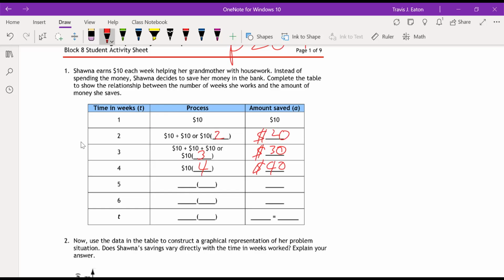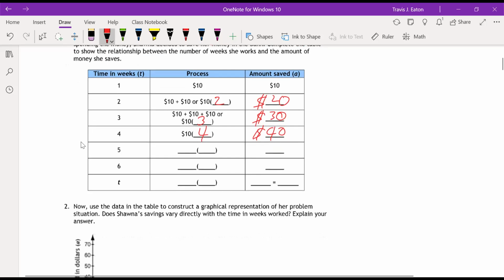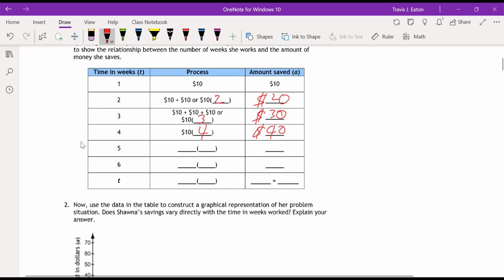I'm sure that you probably already filled out the rest of your table while I've been slowly plodding through this. Don't worry, $10 times 5, which gives us $50. And $10 times 6 weeks, which gives Shauna a total of $60.